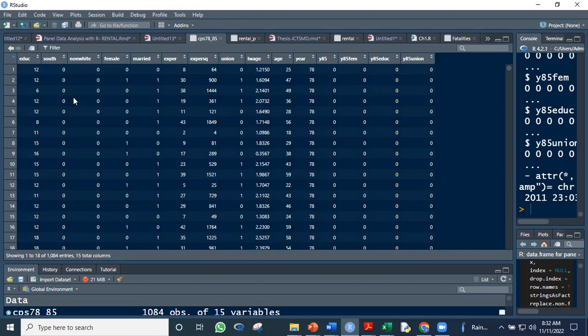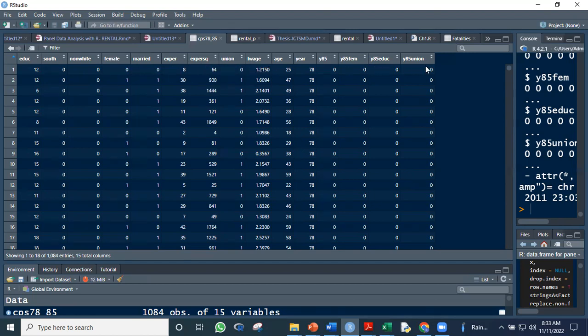The identifier is not there. Okay, so I think I chose the wrong data, no? We can't convert this into a panel data because we have no individual component here. There's no ID, for example. I'm looking for an ID like person 1 and then person 2, no? It's not there. Okay, did you get me, guys?